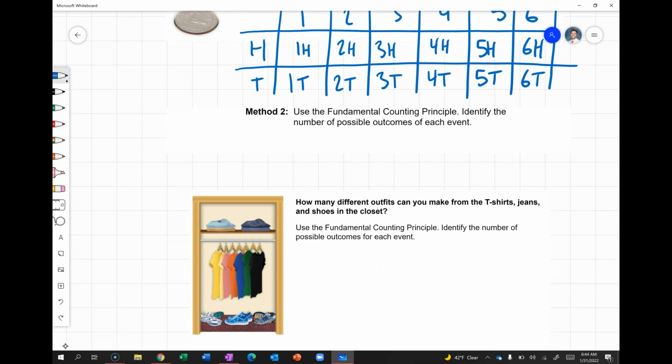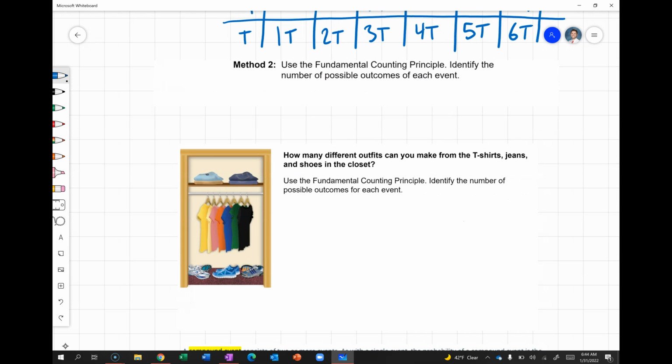All right, now let's look at this example. How many different outfits can you make from the t-shirts, jeans, and shoes in the closet? Use the fundamental counting principle to identify the total number of possible outcomes. If we count all of the t-shirts, there are 1, 2, 3, 4, 5, 6, 7 shirts. There are 4 pairs of jeans, and there are 3 pairs of shoes.